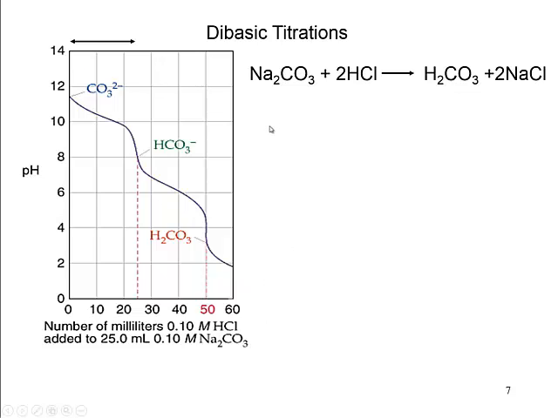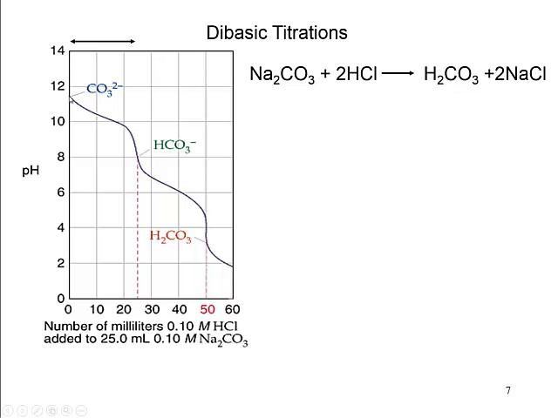The last example of a double titration curve is a dibasic situation where we place sodium carbonate into solution. Sodium is of course a spectator ion, so this is a solution that is dibasic.